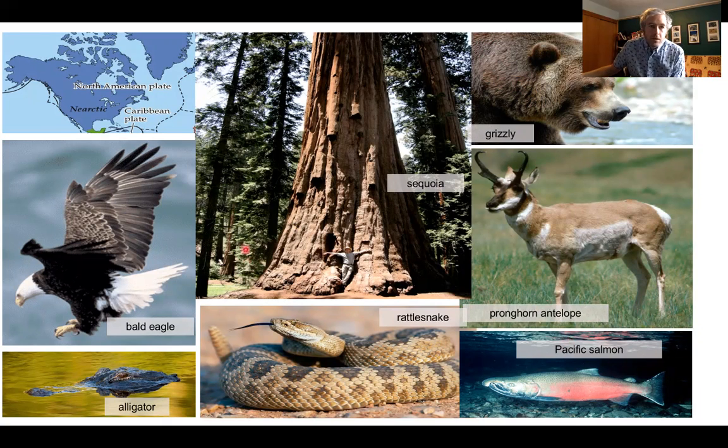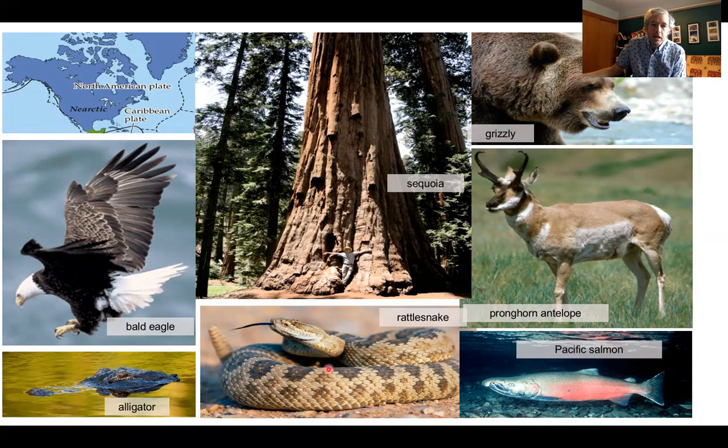So for example, if we look at the North American plate, the Neo-Arctic biota, there are classic species, things like the bald eagle, the alligator, rattlesnakes, Pacific salmon, pronghorn antelopes, sequoia trees, grizzlies. All these animals and plants are characteristic of the North American biota. There are some closely related species in different places.